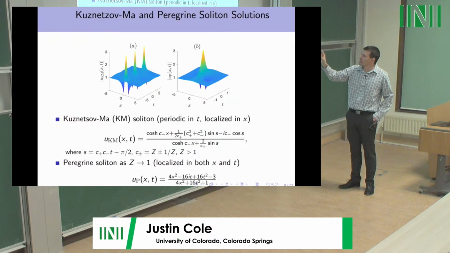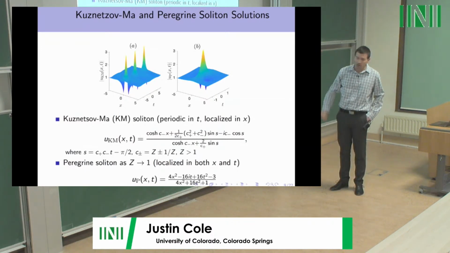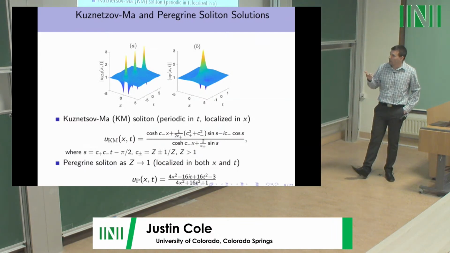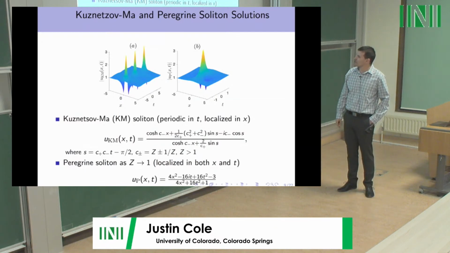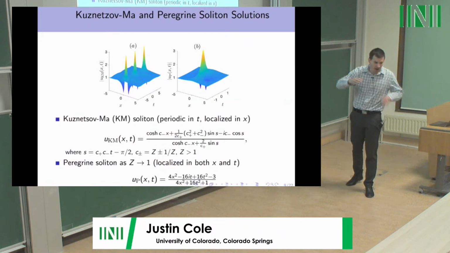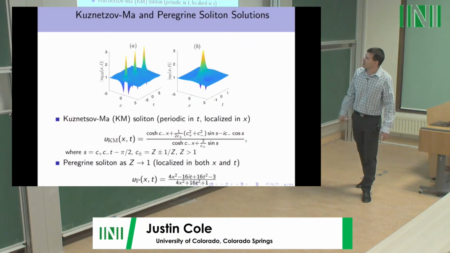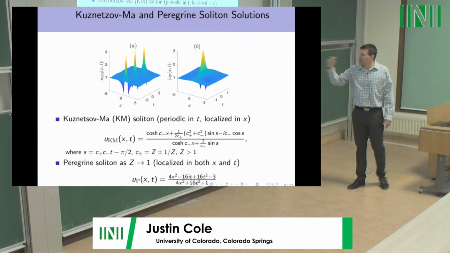Now, what's important here is that embedded in these parameters there is a z parameter, which for the Kuznetsov-Ma soliton is greater than 1. If one takes the limit as this parameter z goes to 1, then the time period of Kuznetsov-Ma goes to infinity, and you get the Peregrine soliton, which I've shown you in the top right figure there. The formula is down here.